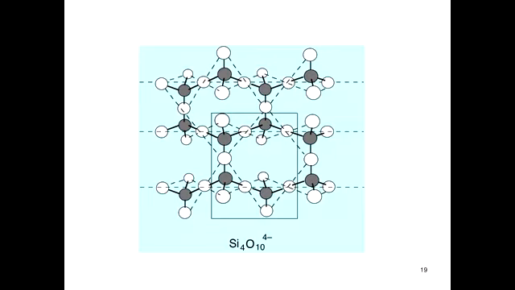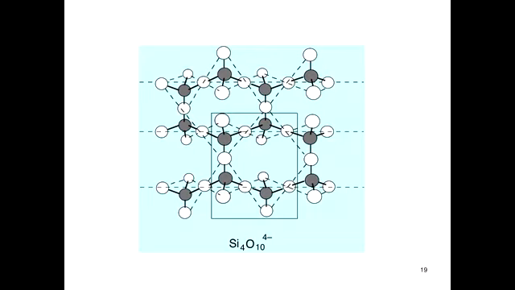So, how many oxygens are bridging? 1, 2, 3. 3 times a half is 1.5. 1 terminal, so that's a total of 2.5 oxygens per silicon, which is Si2O5 or Si4O10. So you can actually trace out a repeating unit there. That's a little bit harder to find, but you can come up with the same formula.